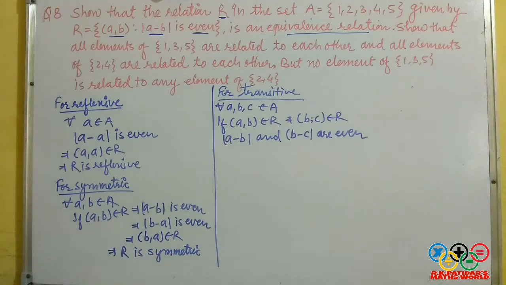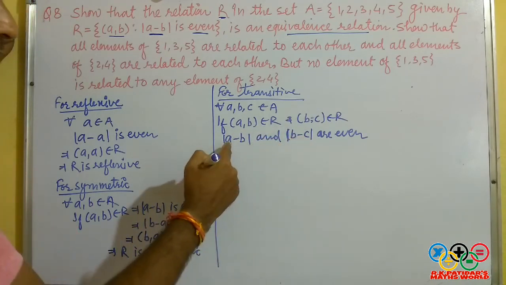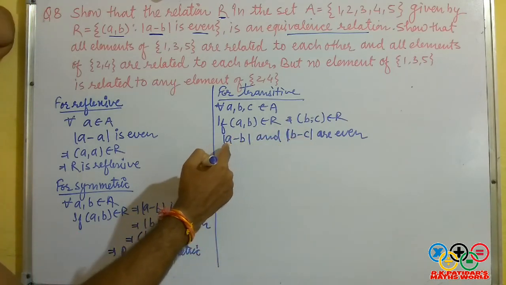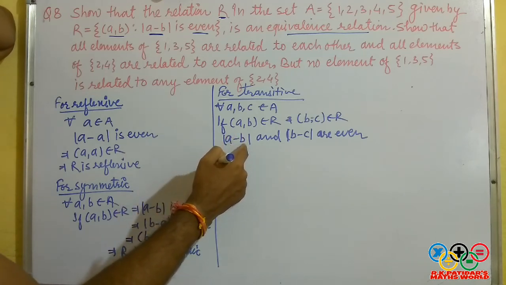Okay, and we know that the sum of two even numbers is even. When a minus b is even, either a is even and b is even, or a is odd and b is odd.